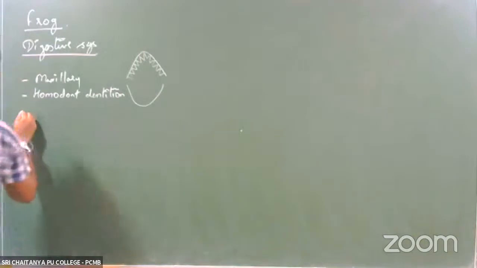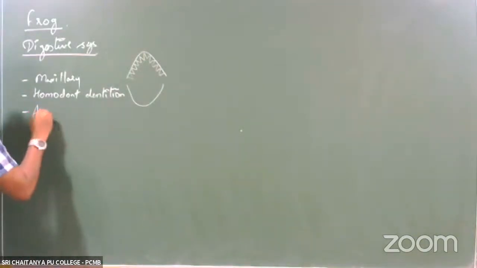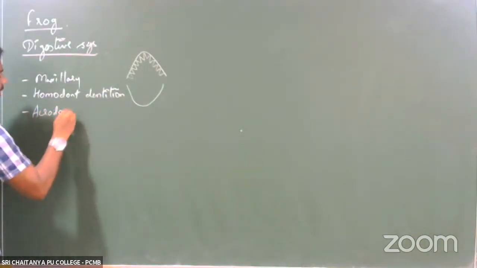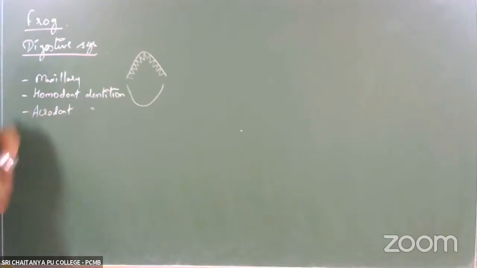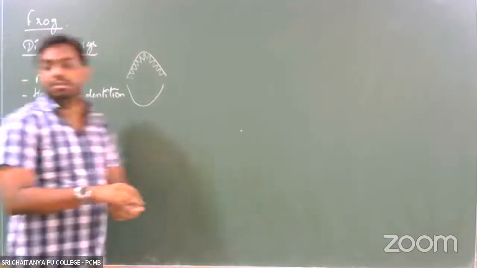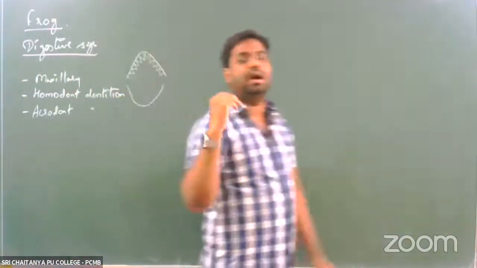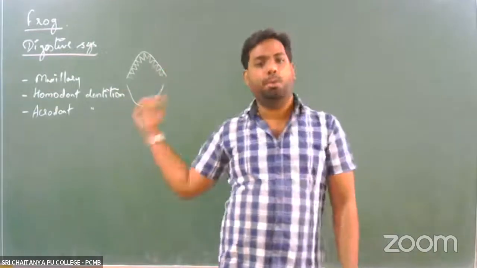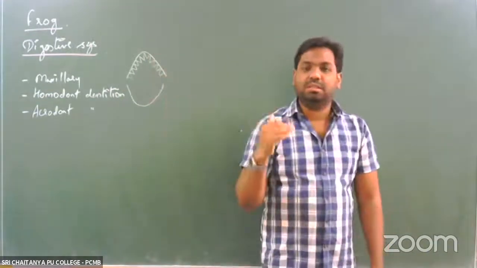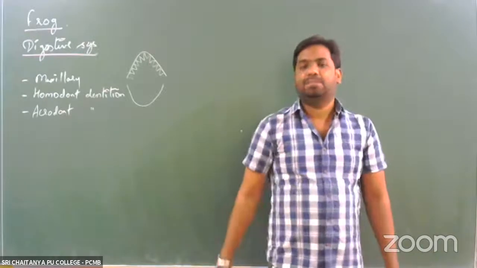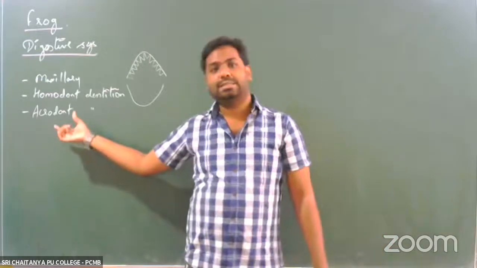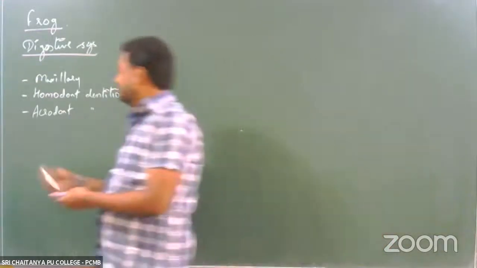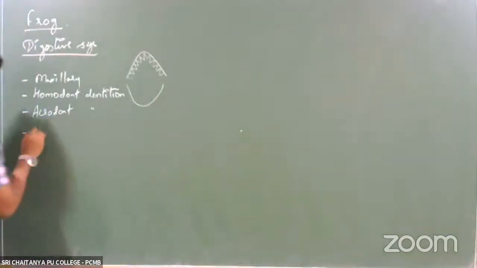The third one is acrodont dentition. I told you that the teeth are superficially arranged on the upper jawbone, and such dentition we call acrodont dentition. And the last one was the polyphyodont dentition.